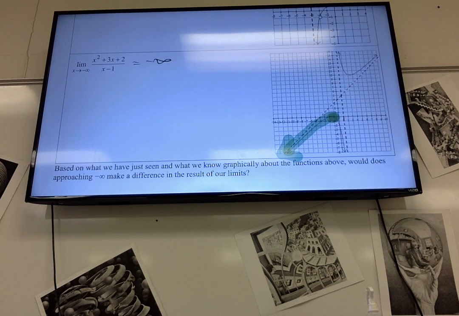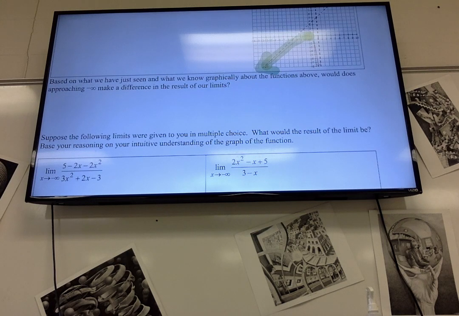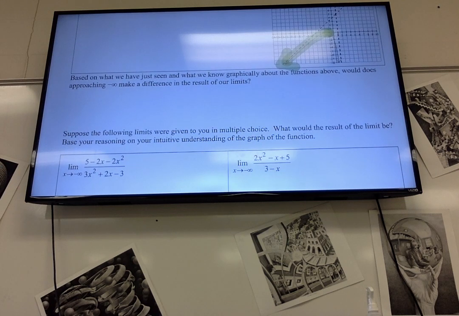All right. So based on what we have just seen and what we know graphically about functions above, would approaching negative infinity make a difference in the result of our limits? Not really, but kind of.